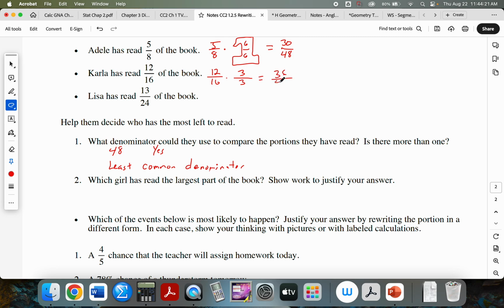So that's 36 over 48. And then 13 over 24, what over what? 2 over 2. Thank you, Sammy. So that's 26 over 48. So which girl has read the largest part of the book? Carla. Good old Carla.